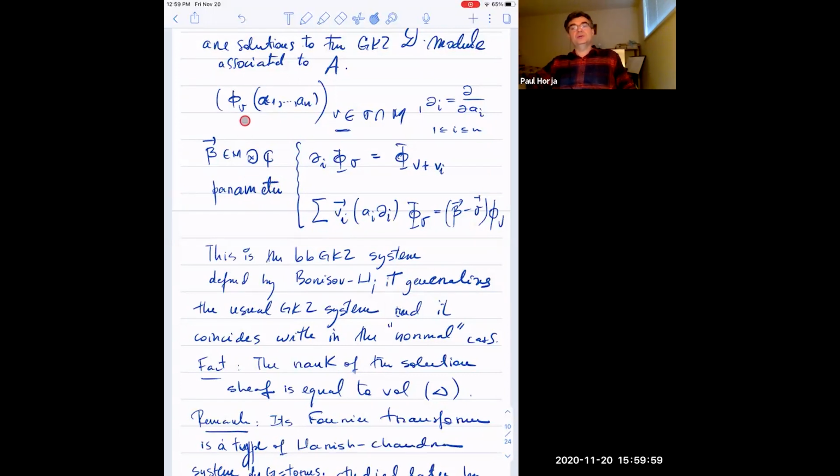So you see, this looks like it may be infinite dimensional. It consists of an infinite set of functions, phi_v, where v is inside this cone. Well, as it turns out, you can cut this down to a finite dimensional set.